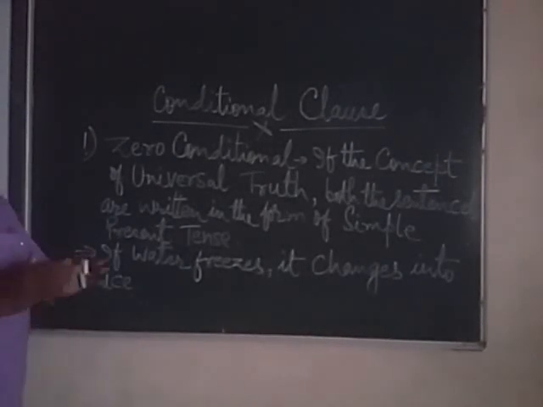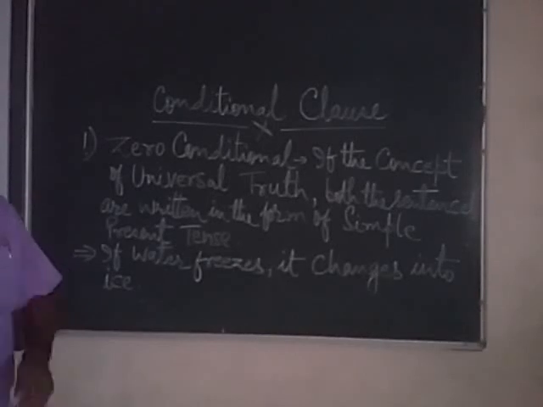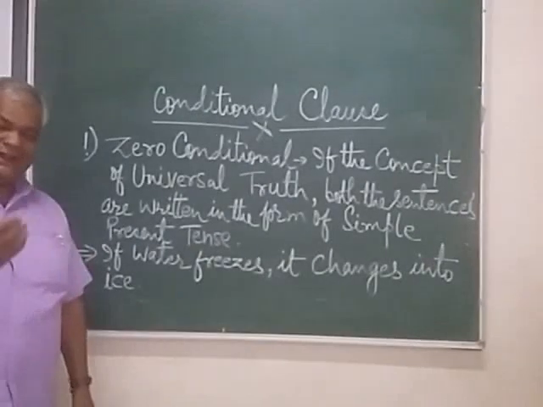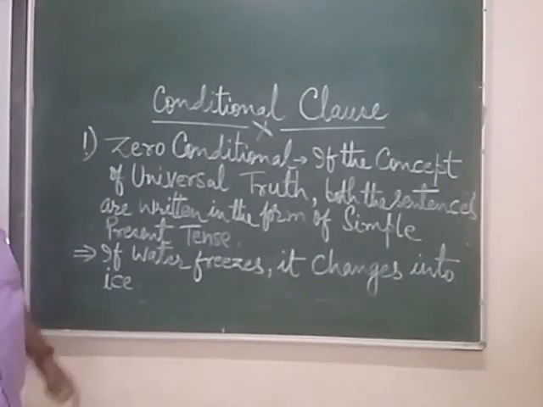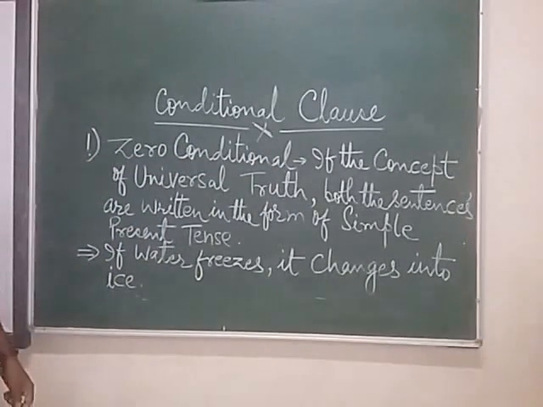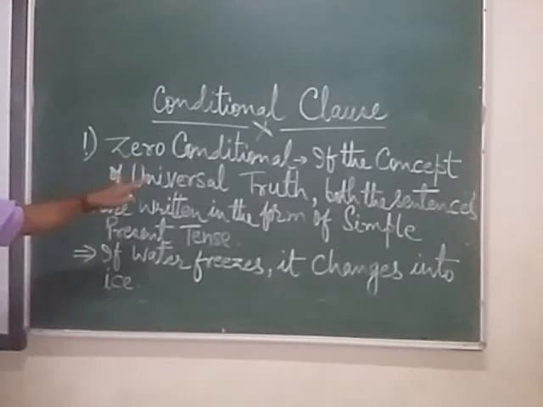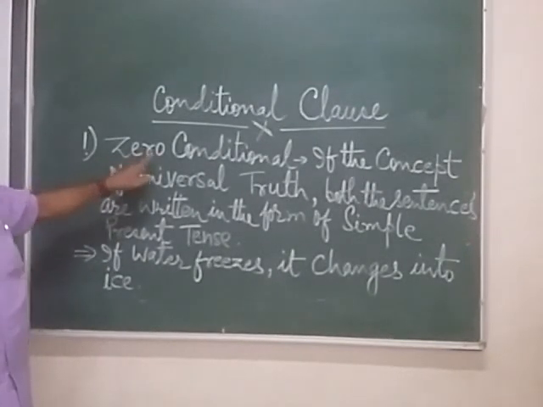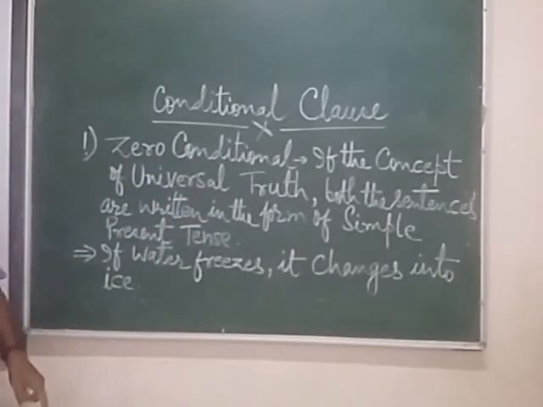One sentence will be of the principal clause and the second of the conditional clause. So the number one kind of conditional sentence is known as zero conditional. I have given you a small note.